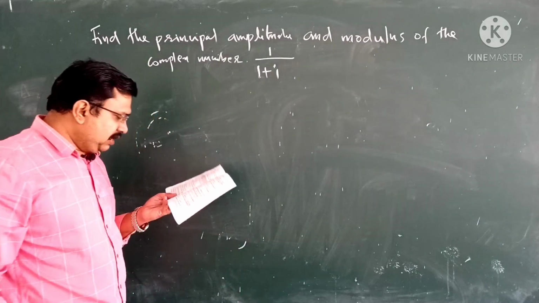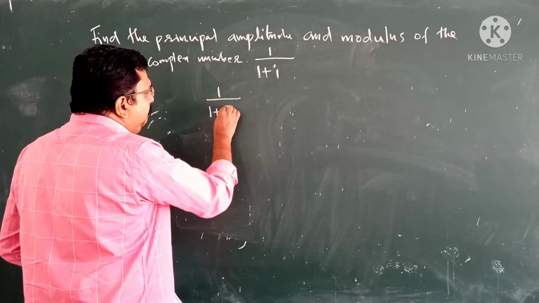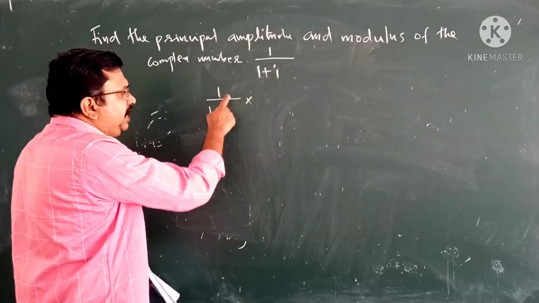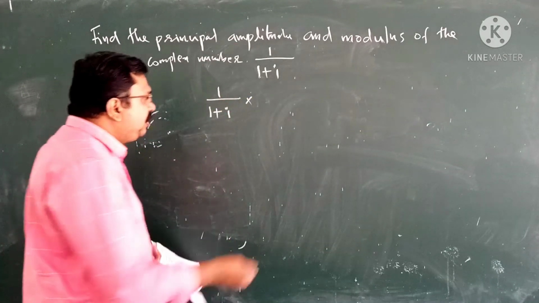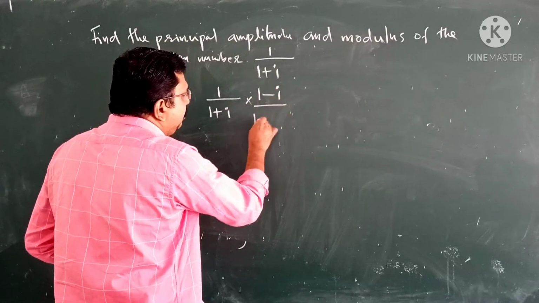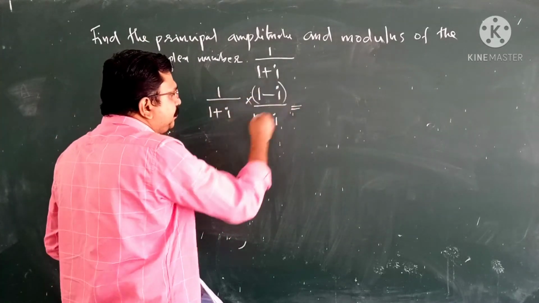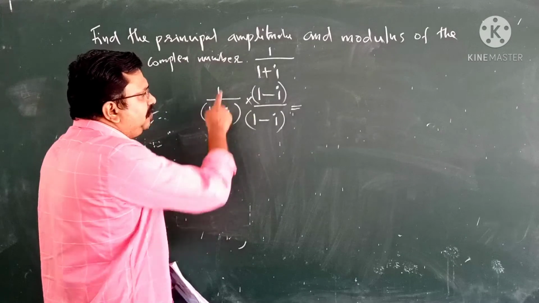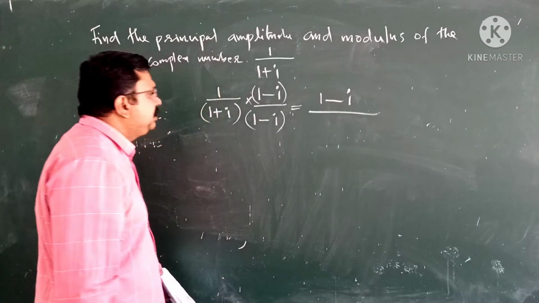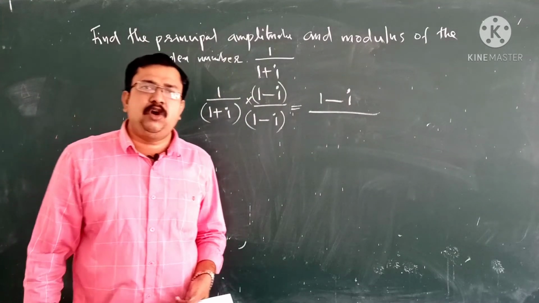We have 1 by 1 plus I. Multiply the numerator and denominator by 1 minus I, that is 1 minus I divided by 1 minus I. On the numerator, 1 into 1 minus I is 1 minus I. The denominator is of the form a plus b into a minus b, that is a square minus b square.